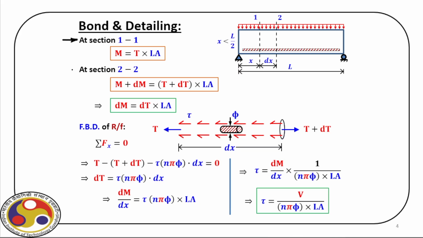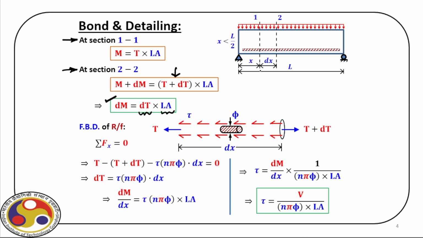Similarly, at section 2, we can calculate the total moment of resistance from the tensile force. At this section, we have T plus dT times LA, which is basically M plus dM. Now, from these two expressions, we can find out the quantity dM, which is nothing but the change in the tensile force over the rebars times the lever arm, right?